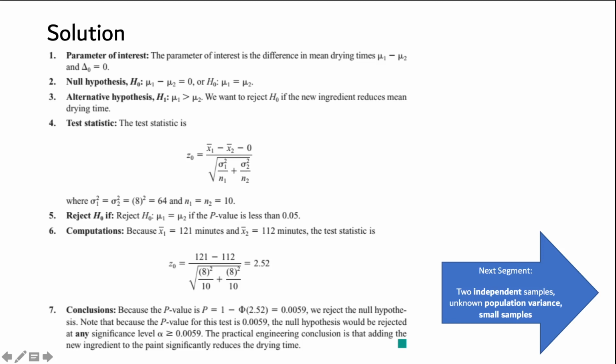The alternative hypothesis that we choose for this case is mu1 is more than mu2. So in this case, we want to reject the null hypothesis if the new ingredient reduces the mean drying time. Then using the available data, we can calculate the test statistic Z0.